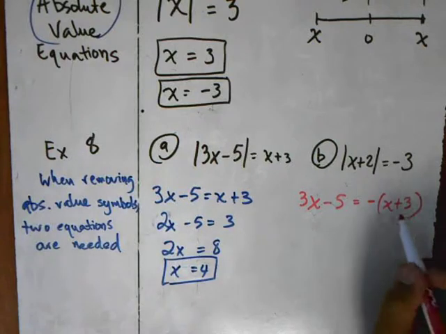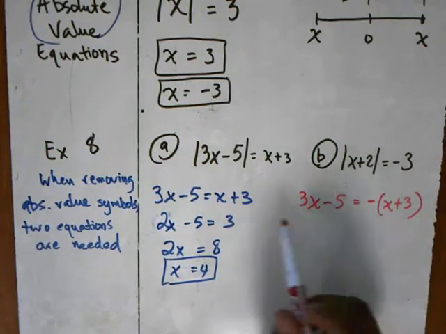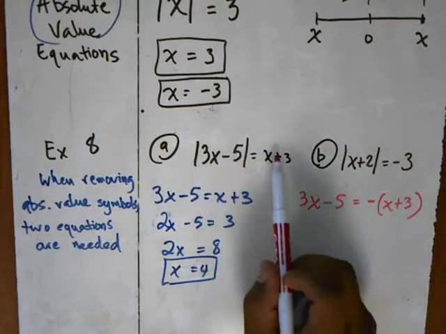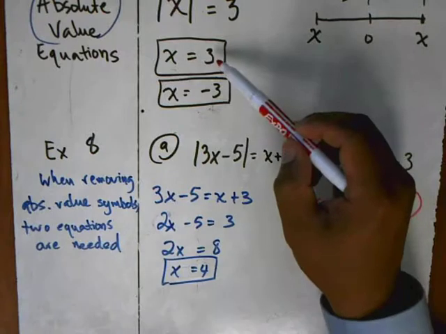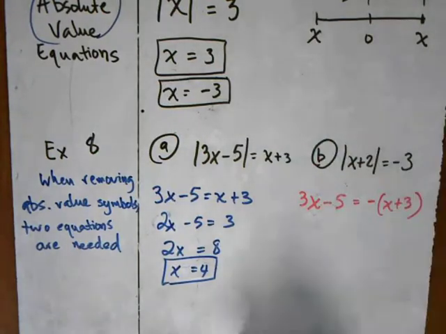So you have to put x plus 3 in parentheses and a negative sign in front of that, because this is saying that this expression here could be equal to the negative of whatever's on the right side. Sometimes it may be just a number, sometimes it may be a number and a variable. So you got to be very careful on how we treat that.